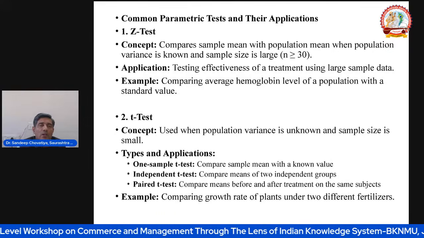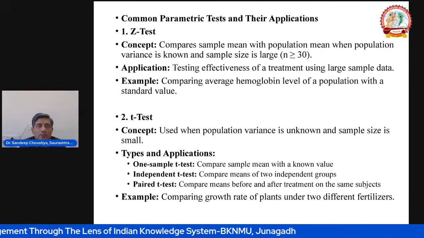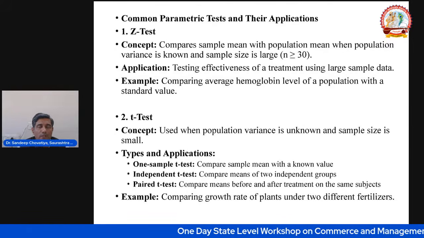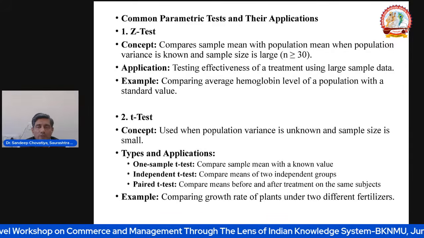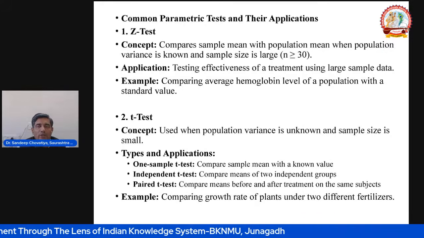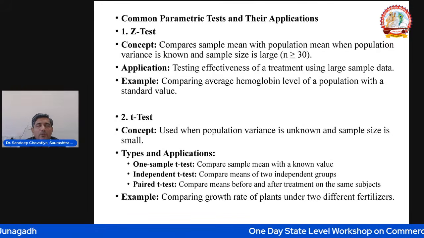An example: we can compare the hemoglobin concentration of the population with the standard value. We know hemoglobin in females has a certain range, in males a certain range, and in infants also some range. So based on our study area, we can collect the hemoglobin level among the population and compare this value with the standard value.